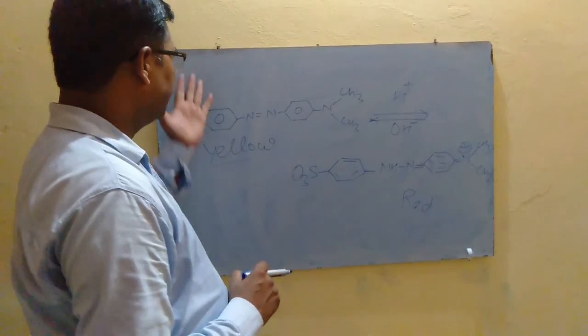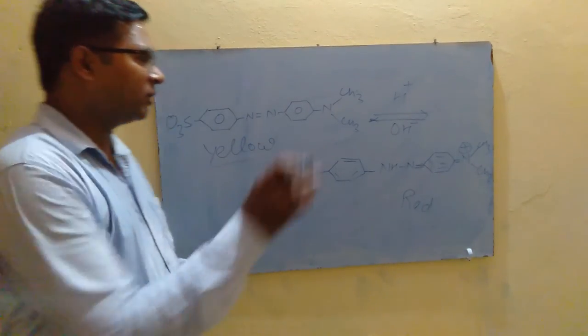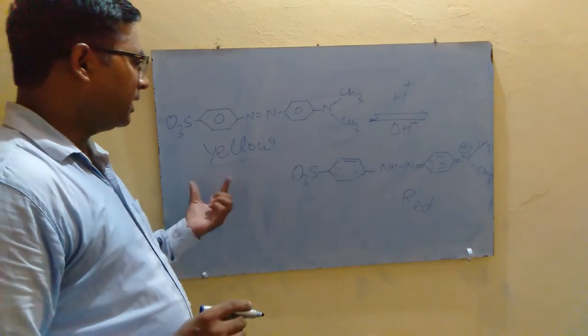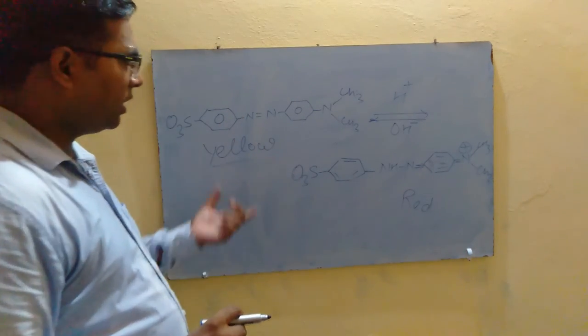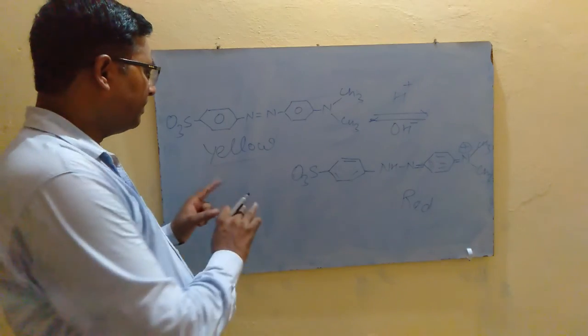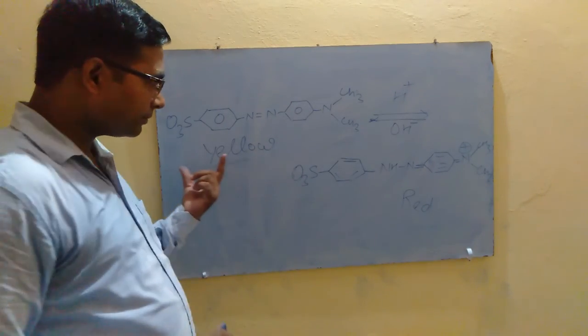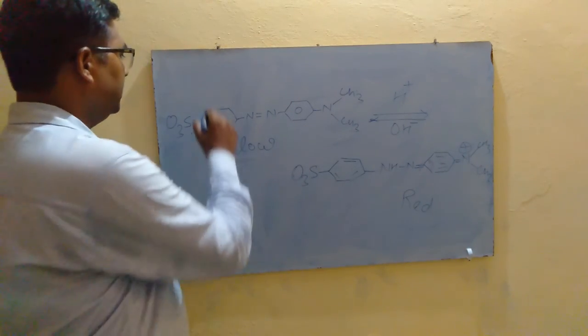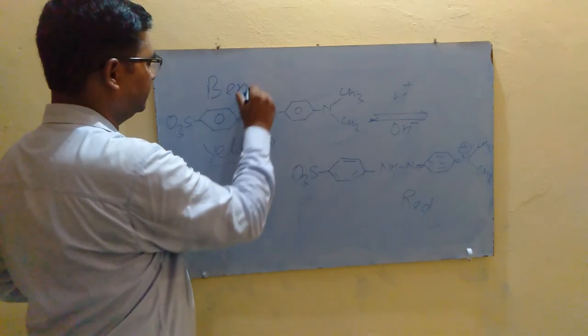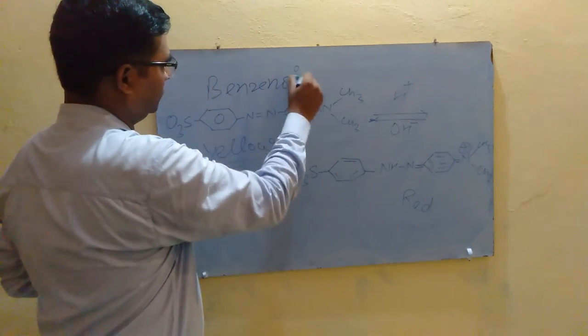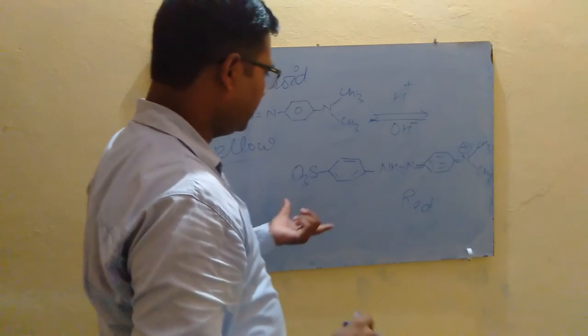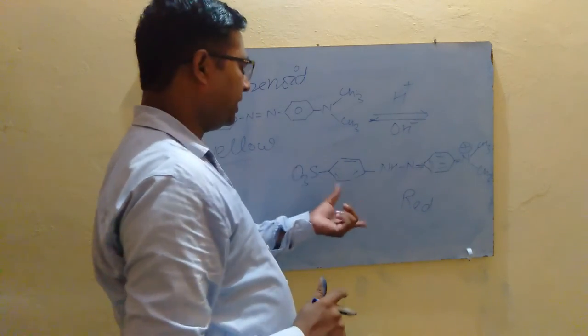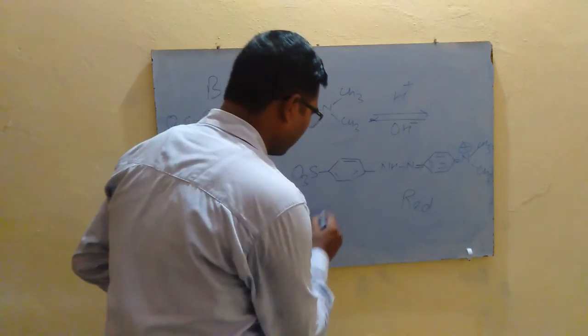So the quinonoid and benzenoid theory of acid base indicator can also be explained on the basis of the color change of methyl orange. The color of methyl orange is yellow when it is in benzenoid form, and the color of the methyl orange indicator is red when it is in quinonoid form.